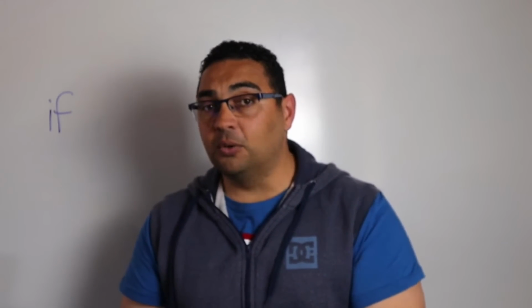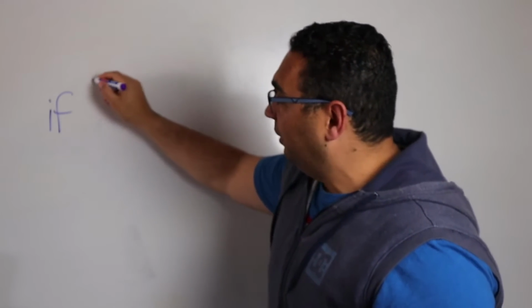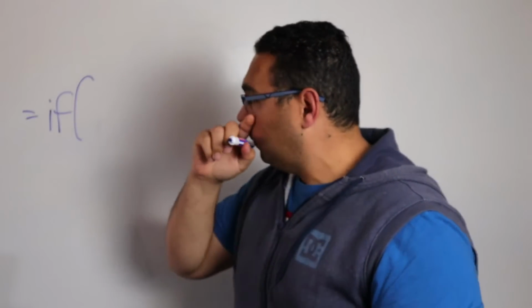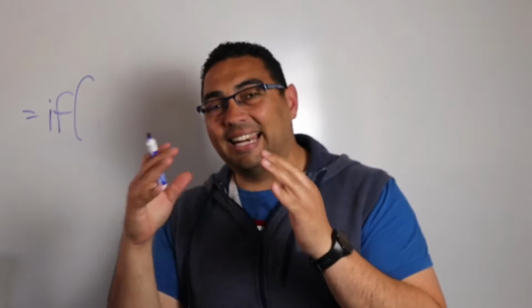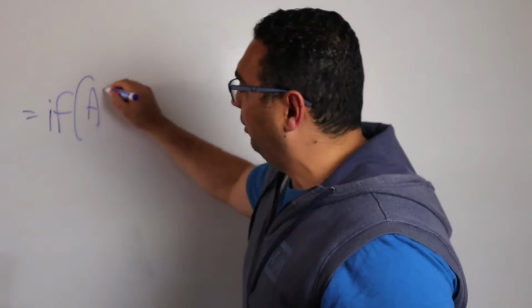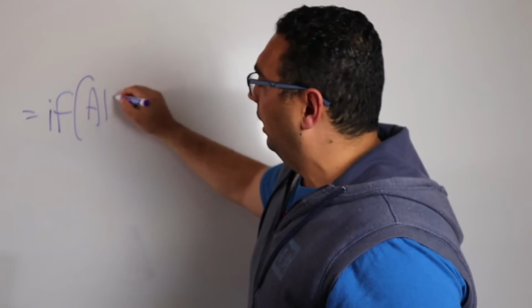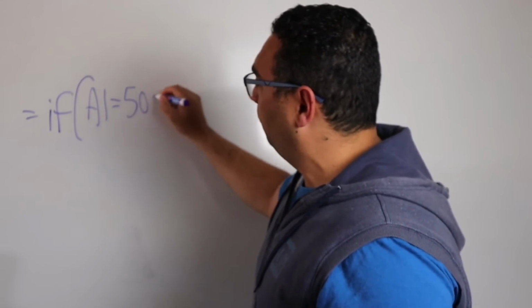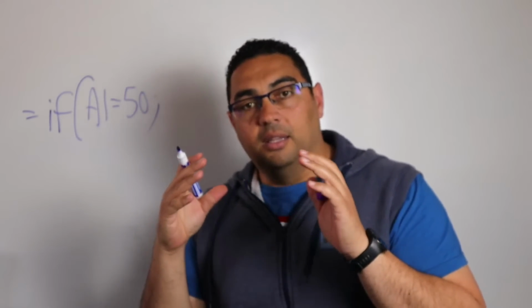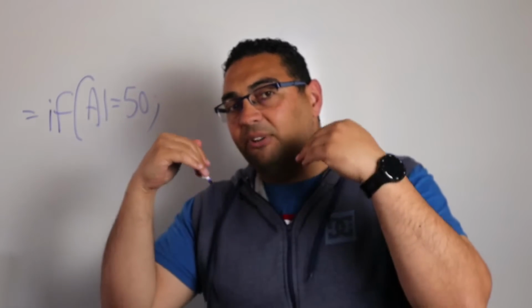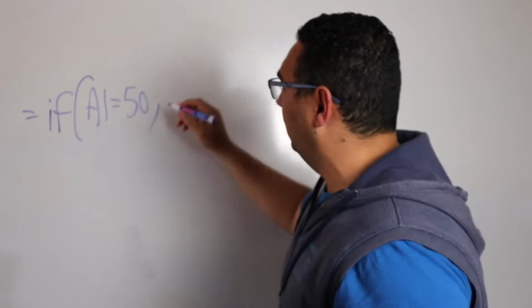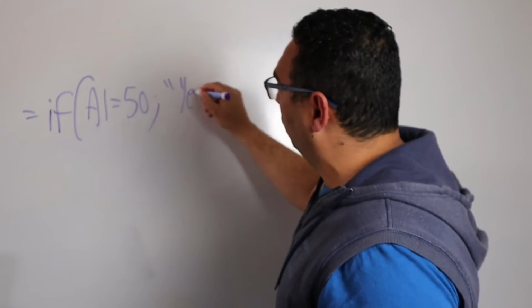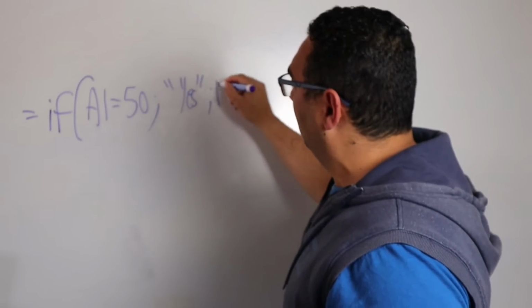Okay? So with our if statements, we will always have a criteria. So let's say whatever is in cell A1 must equal 50. Then we will say what must happen if it matches the criteria. So then it must, let's say, display the word yes.